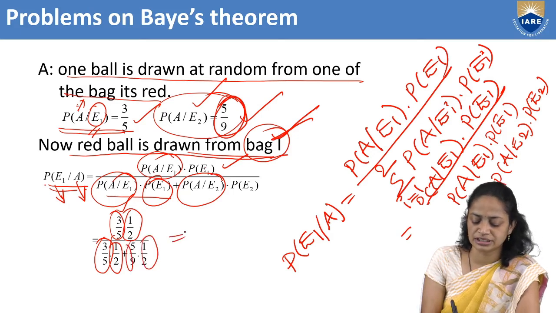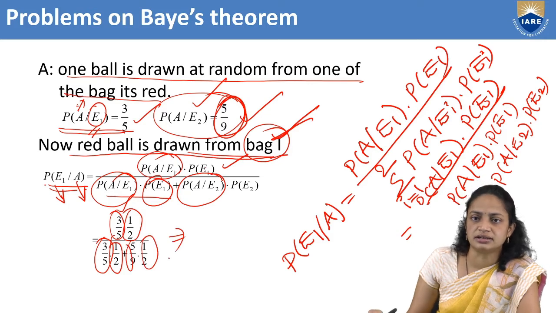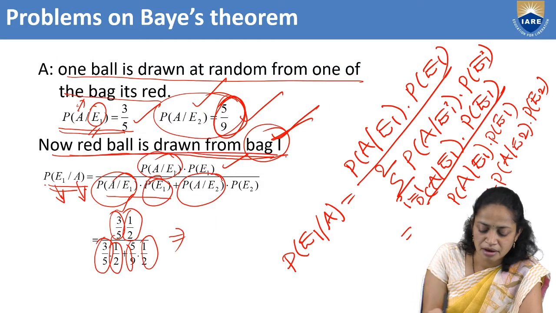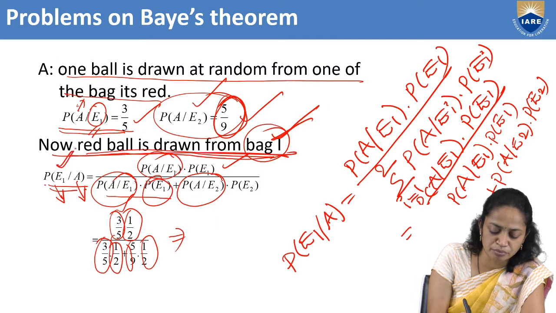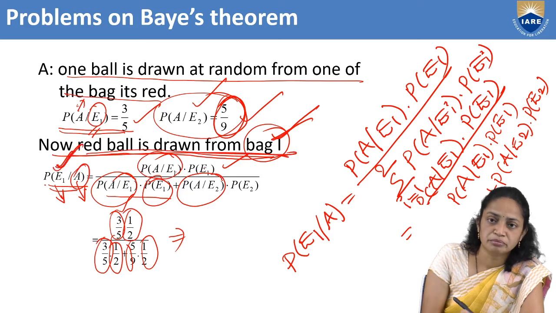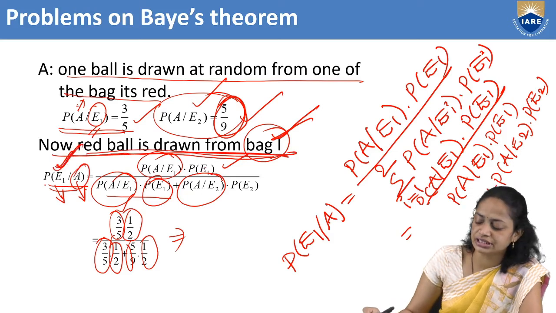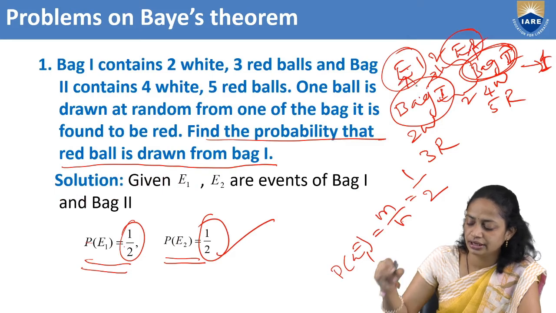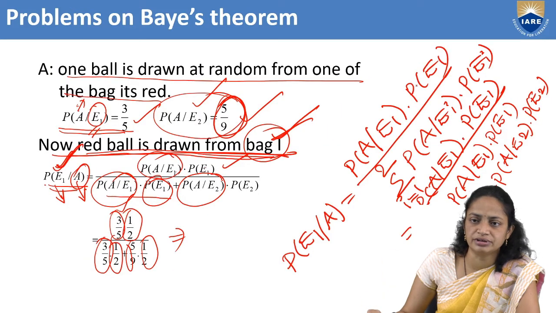If you solve this, you will get the answer. What is our question? The probability that the red ball is drawn from bag 1. Here bag 1 is denoted with E1 and bag 2 is denoted with E2. Okay, so like that we can solve.